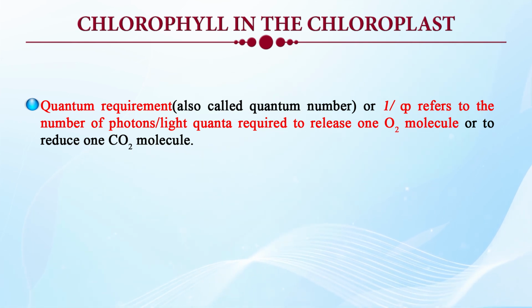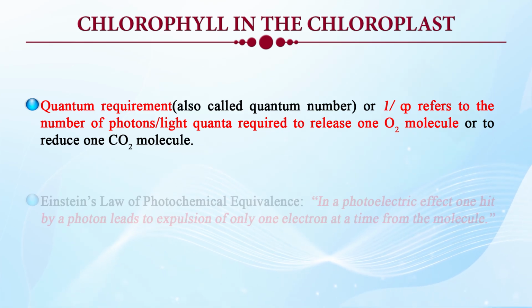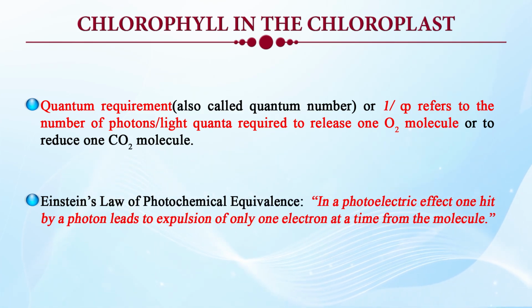All these terms have been designed in accordance with Einstein's law of photochemical equivalence, which states that in a photoelectric effect, one hit by a photon leads to expulsion of only one electron at a time from the molecule. So, it is actually a 1:1 equivalence.